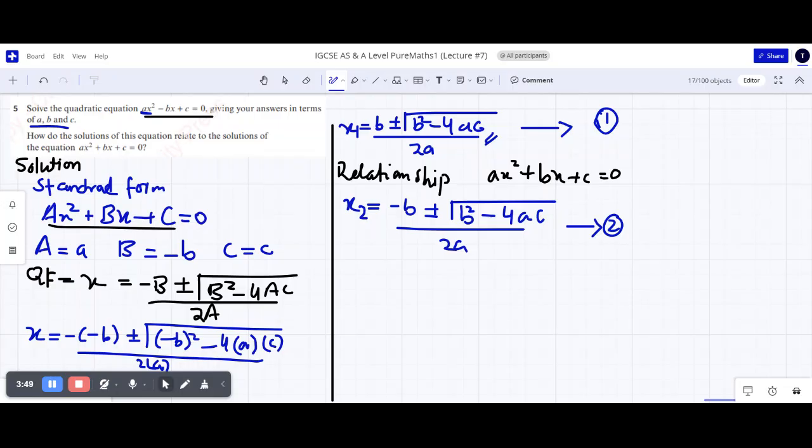If we factor out the minus sign from equation 2, we can make it the same as x1. So let's factor out the minus sign from equation 2.